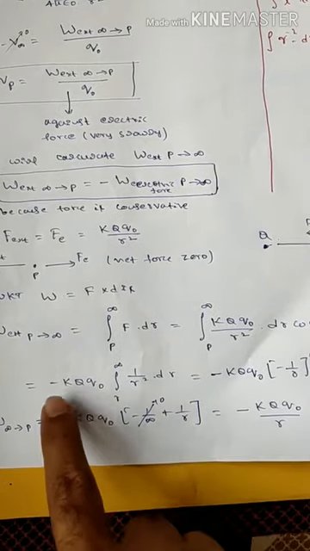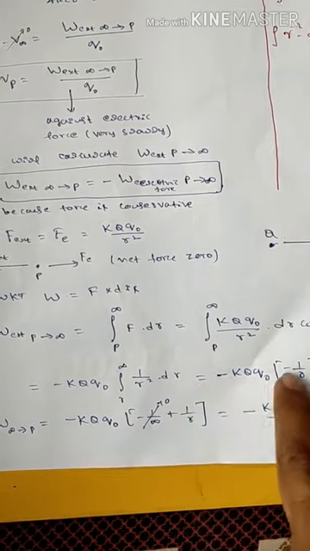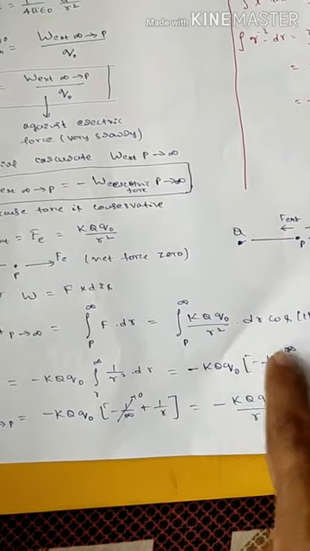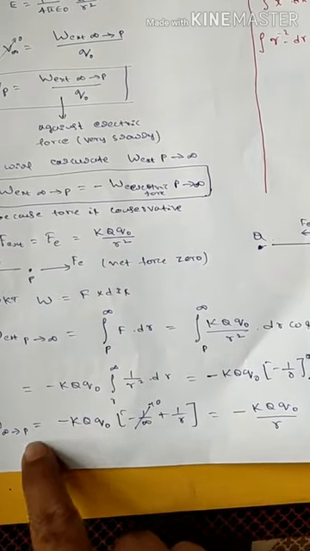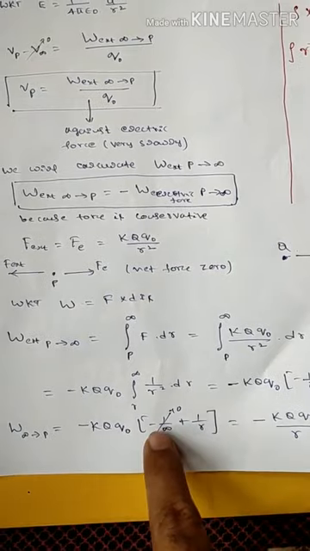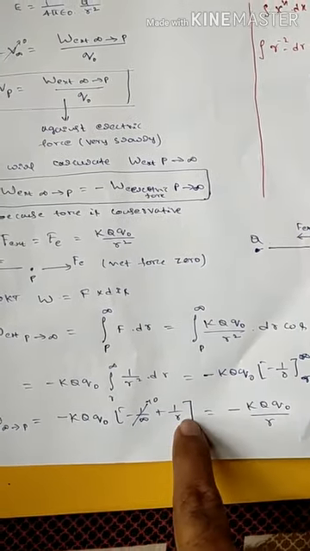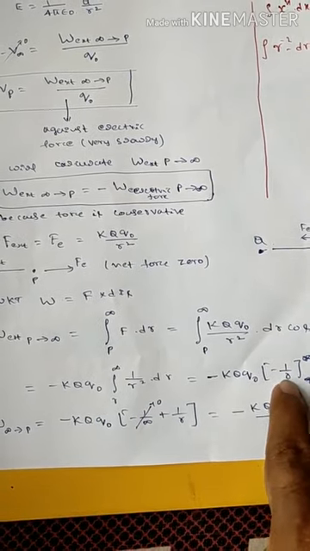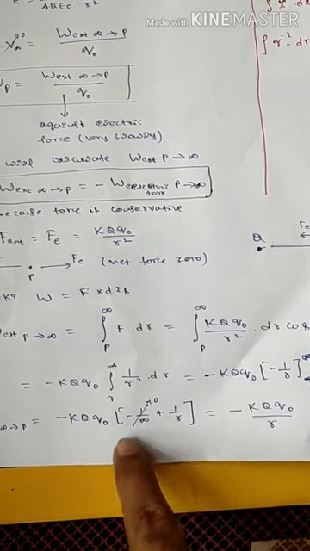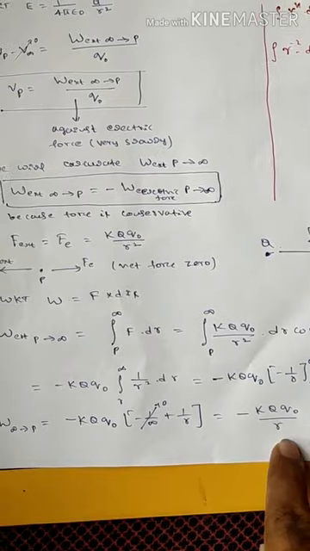Then this is equal to minus q naught, integration of 1 by r square is minus 1 by r, from r to infinity. k q naught, minus as it is there. Substitute the limit: put the upper limit in place of r, then put the lower limit in place of r. Here the lower limit is r, so putting r for r gives the same. Clear? Minus 1 by infinity plus 1 by r equals minus k q naught divided by r.